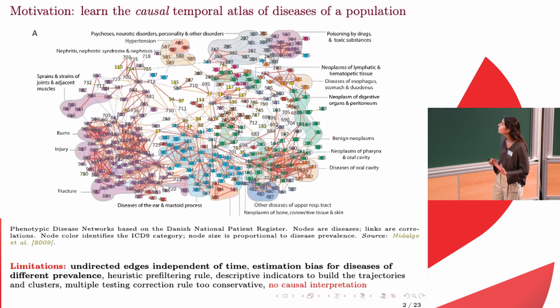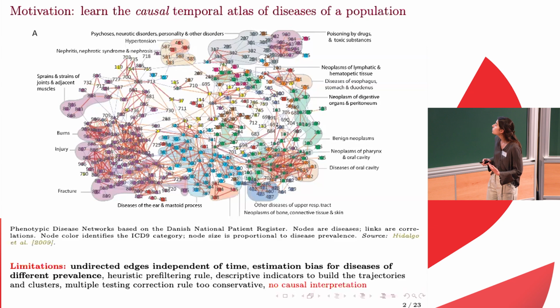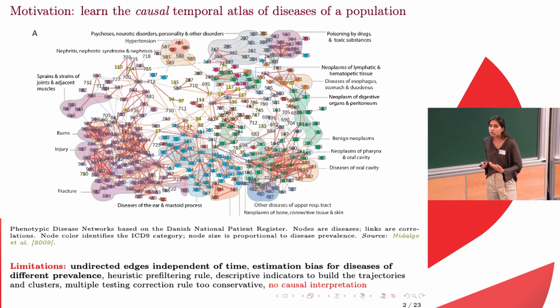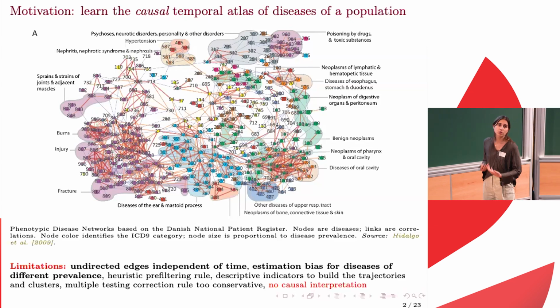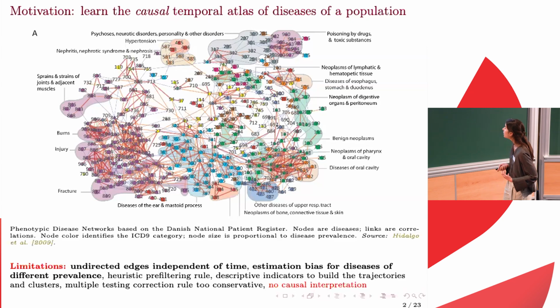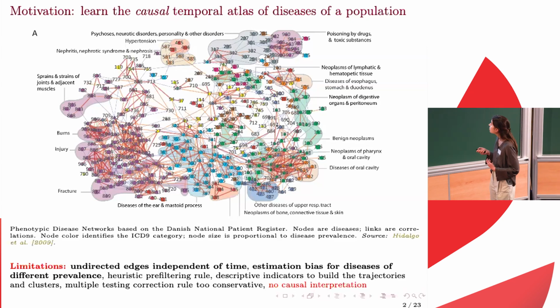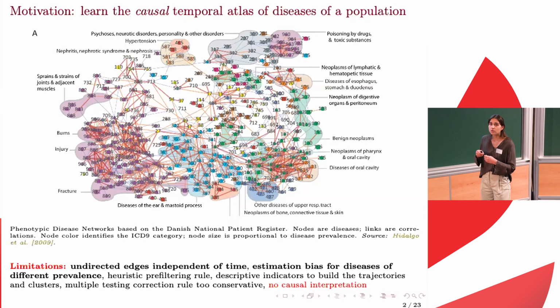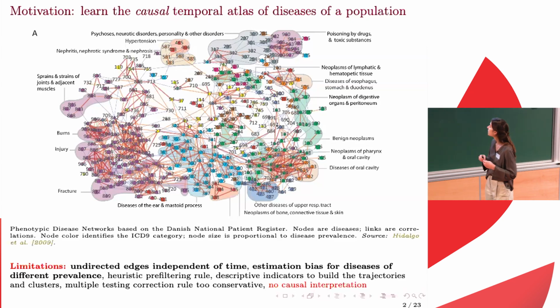The main motivation of this project is to be able to build such a graph, but under a causal framework. Why so? Because there are some limitations of these methods. First, you see that the edges here are undirected, so there is no time relation from one disease to another.